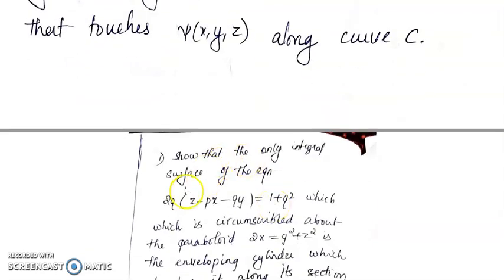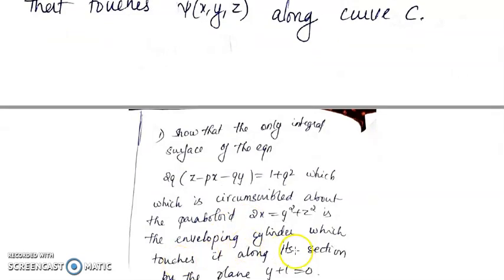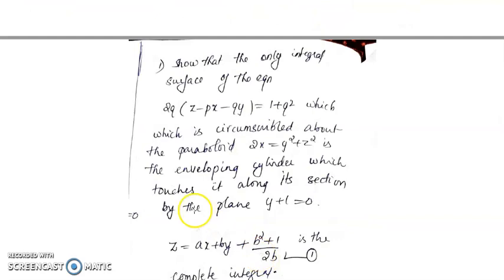Show that the only integral surface of the equation 2q into z minus px minus qy equal to 1 plus q square, which is circumscribed about the paraboloid 2x plus y square plus z square is the enveloping cylinder which touches it along its section by the plane y plus 1 equal to 0. This is what you need to show.